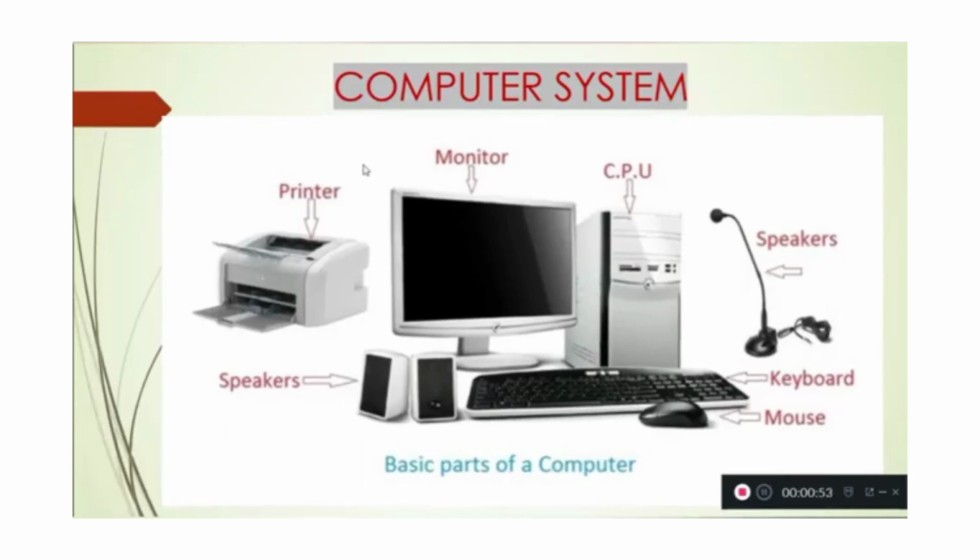A computer system consists of different devices such as printer, speakers, monitor, keyboard, mouse and CPU. These are all the devices which create a computer system.